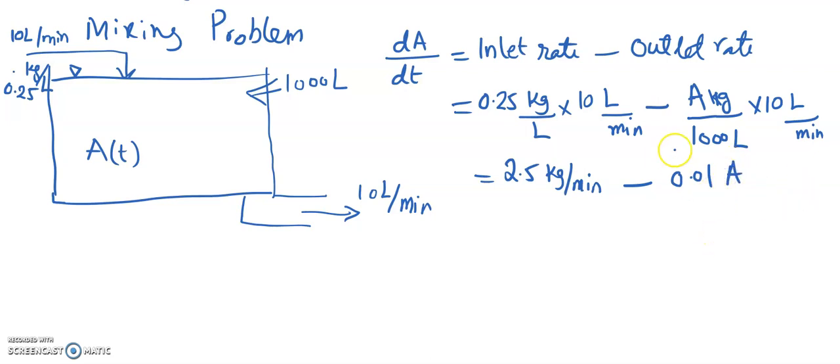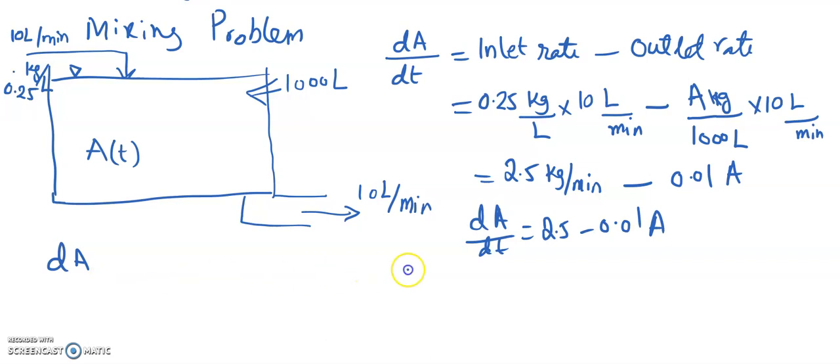Okay, 0.01 A. So the differential equation is now dA over dt is equal to 2.5 minus 0.01 A. So we can write it like this: dA over (2.5 minus 0.01 A) equals dt.